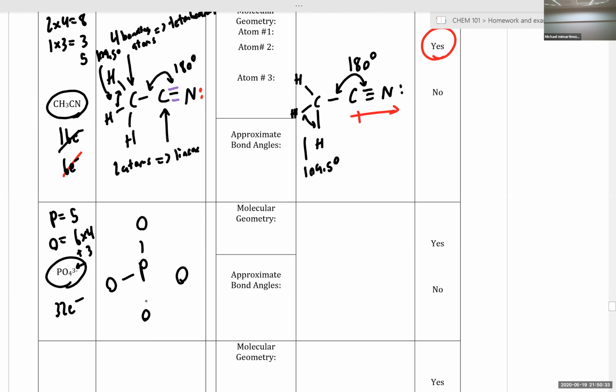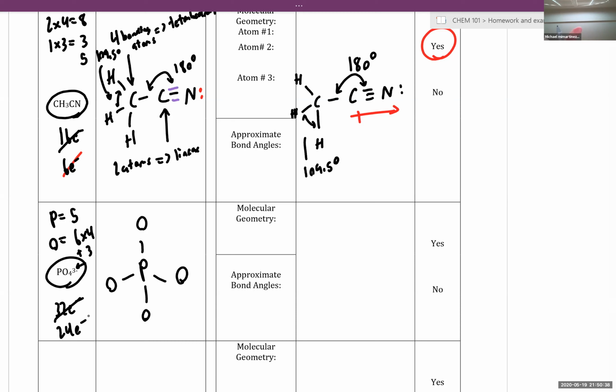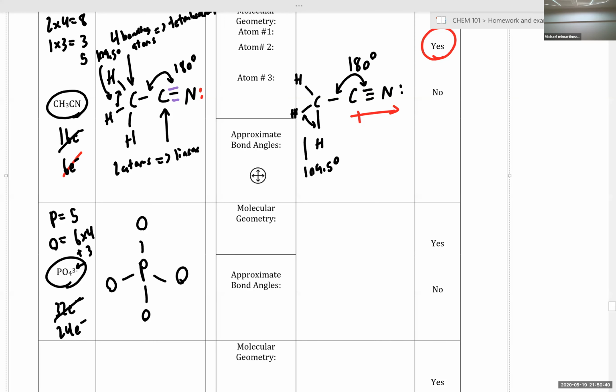We then form 1 bond each. That gives us 24 electrons remaining. And then what atoms currently have an incomplete octet? Oxygen. So let's add lone pairs to each of our oxygen atoms.